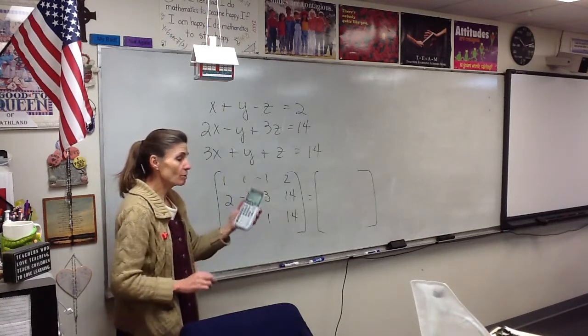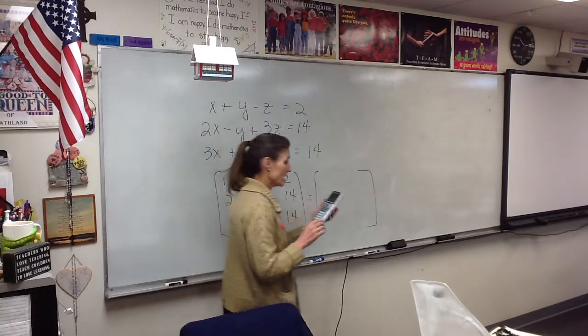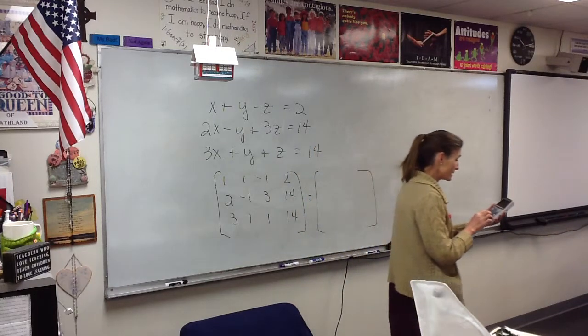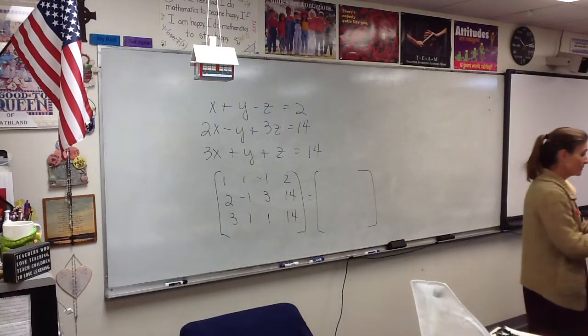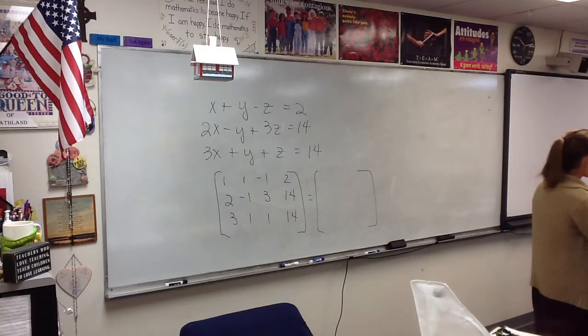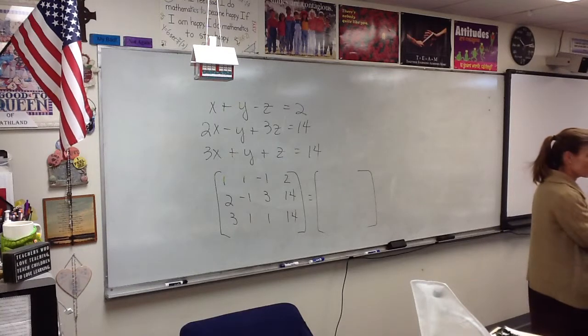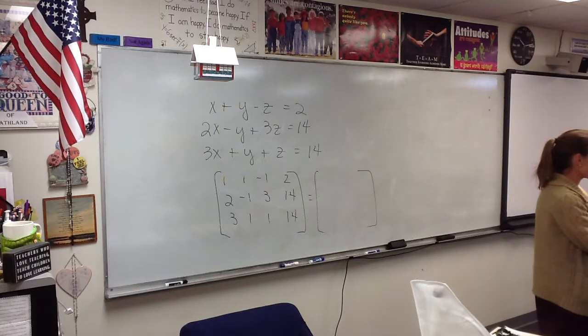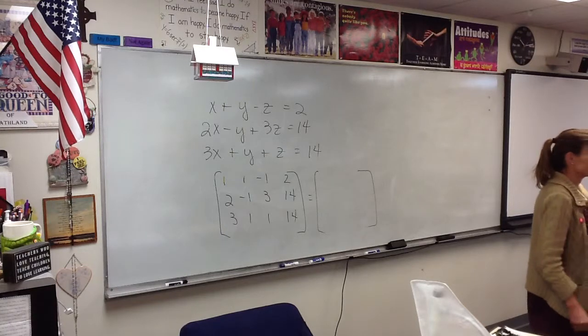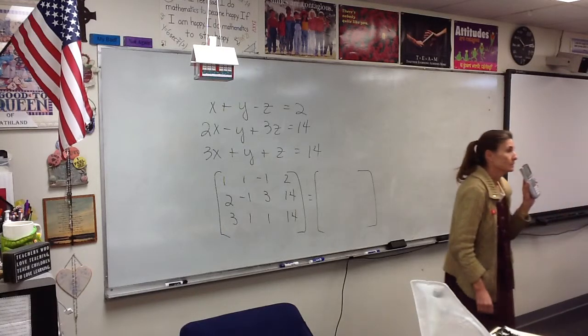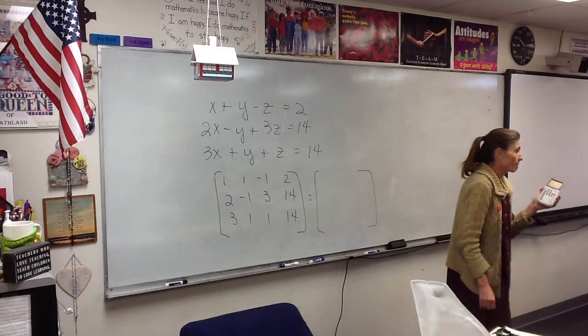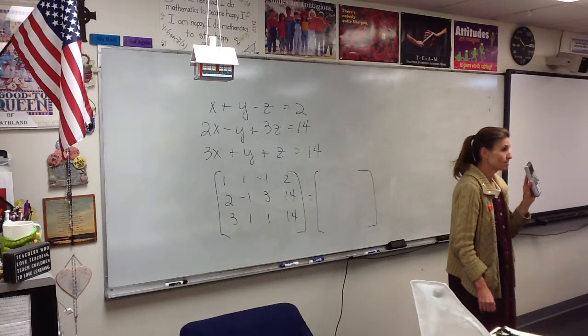So now I'm going to go into my calculator, and I am going to press the matrix button. The matrix button is right here in the first row. For me, it's the fourth one down. So I have to press second matrix. Okay?